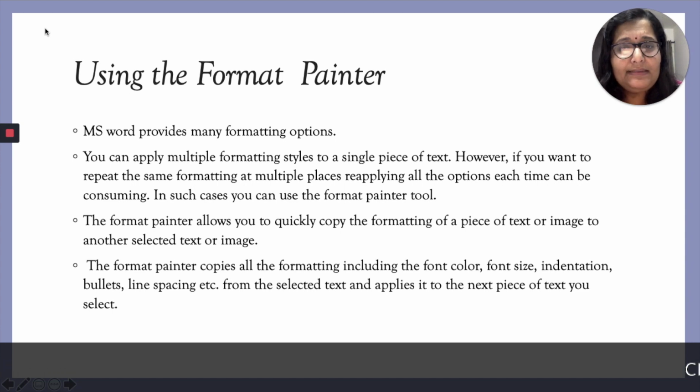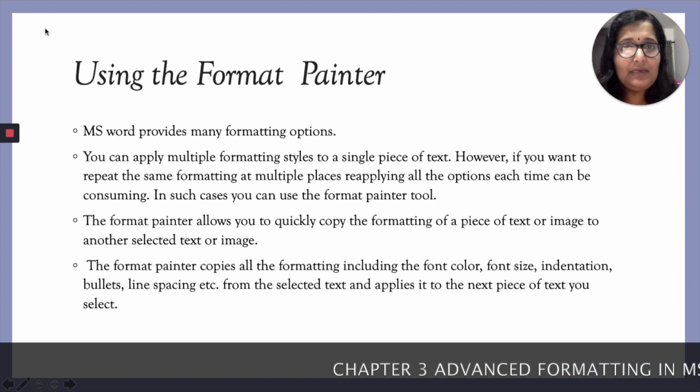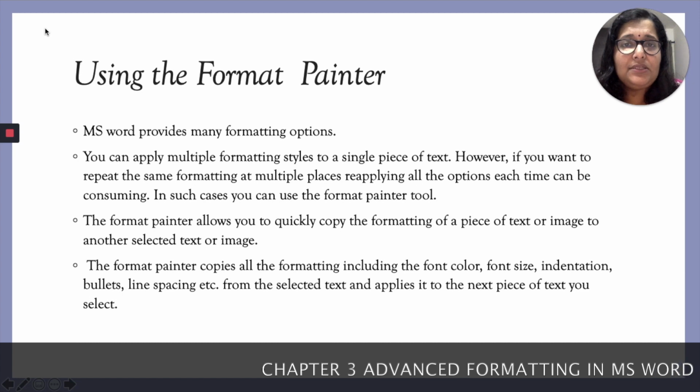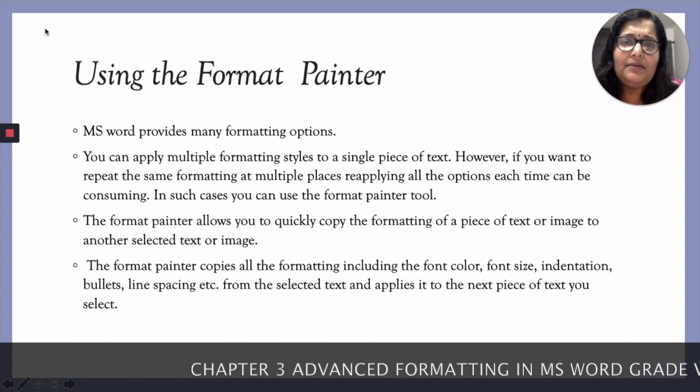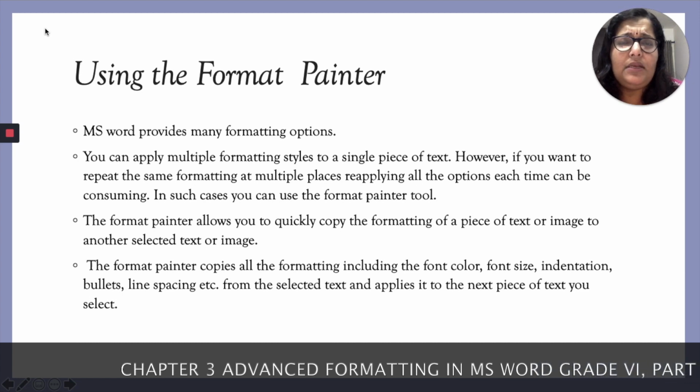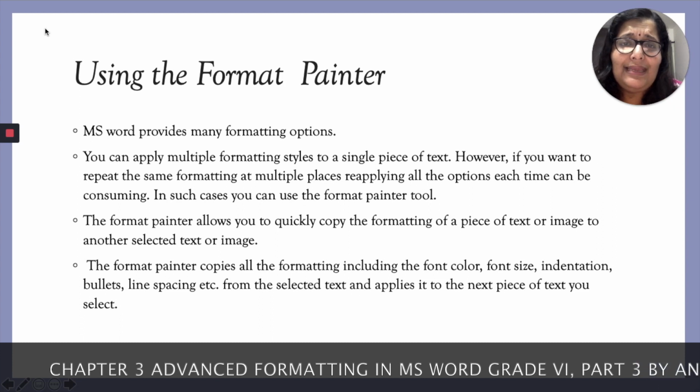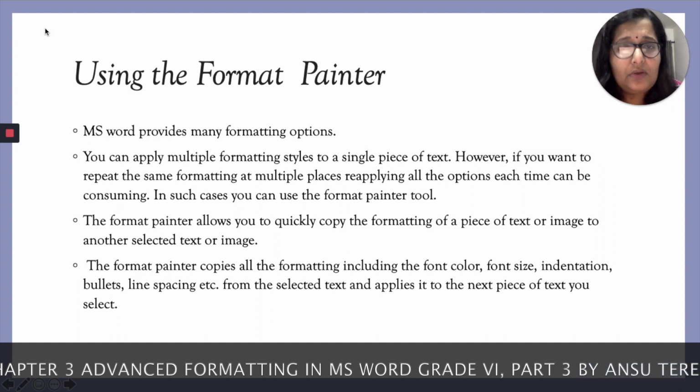The Format Painter allows you to copy the formatting of a piece of text or image to another selected text or image. Whatever you have done for formatting one part of the content, you can select it, and using the Format Painter, you can apply it n number of times. That is how many number of times you want across any other text that is available in the document.